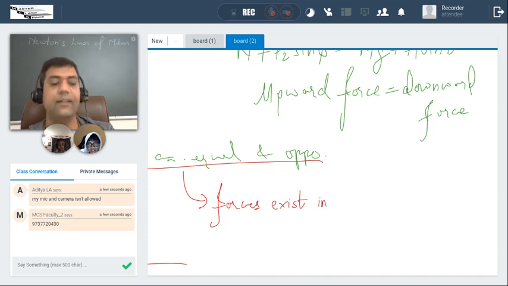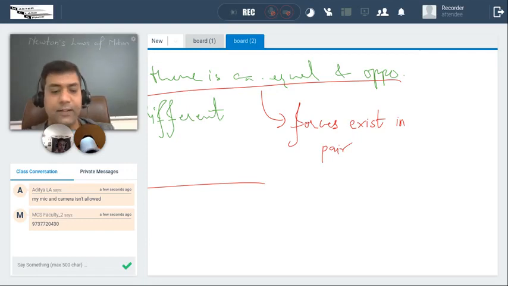Yes. Every force in this world has a reaction pair. Anyone you can call action, anyone you can call reaction. It's not that first action is applied, then reaction occurs later. Both occur simultaneously. If you call the first a reaction, the other will be the action. Forces exist in pairs, guys.